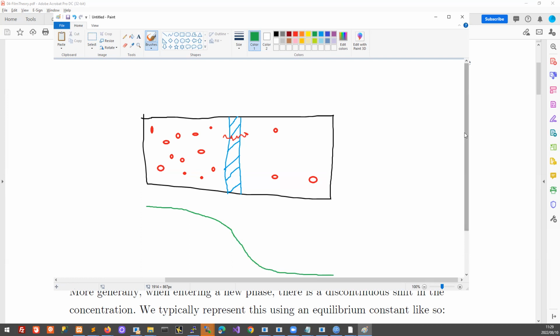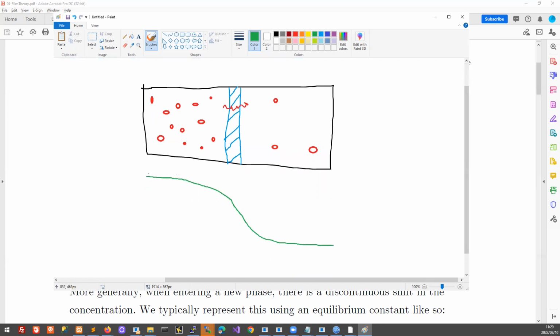Right, so we can start out with that. We know this is happening. And in film theory, we say, yes, fine, that's happening. But actually, if you think about your system here, you have such a small region where this concentration difference occurs that you might as well try and isolate out a subspace where all of that happens.